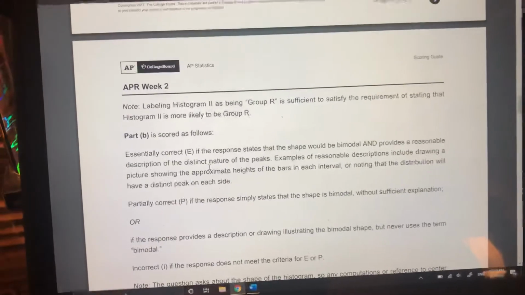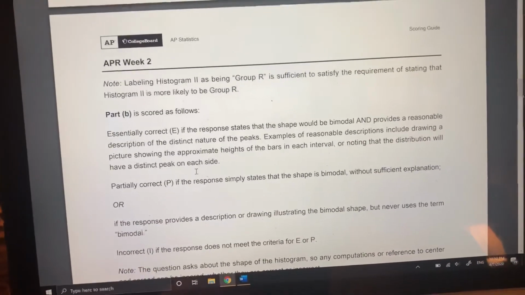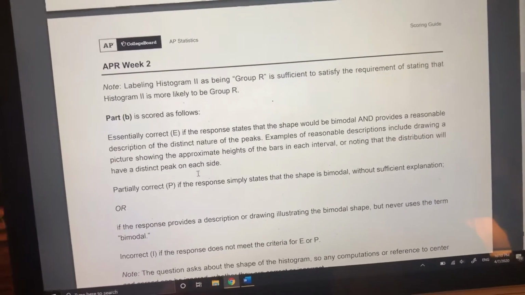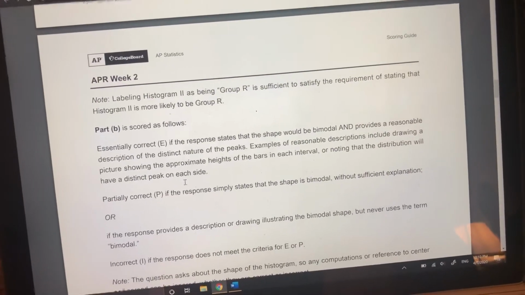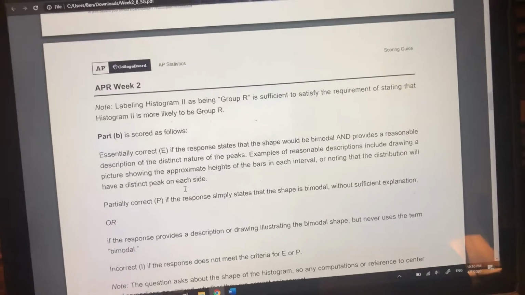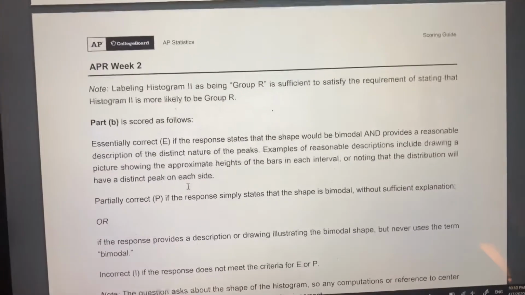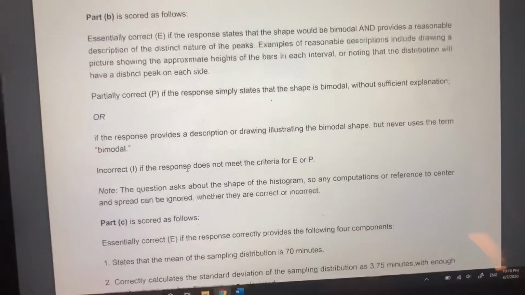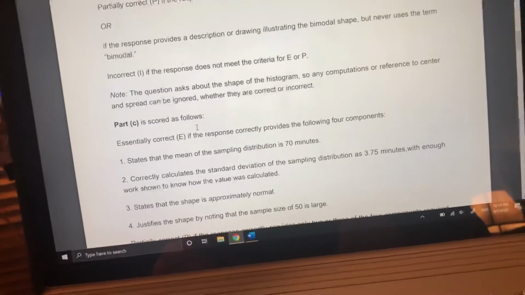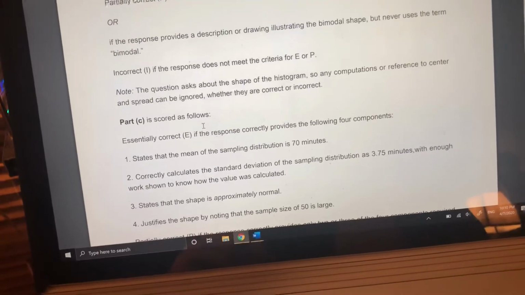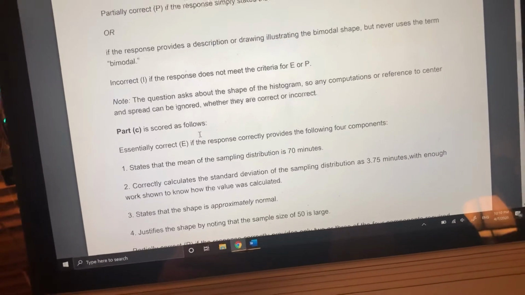Part B. My response stated that the shape would be bimodal and provide a reasonable description of the distinct nature of the peaks. For part C, I stated that the mean of the sampling distribution is 70 minutes.